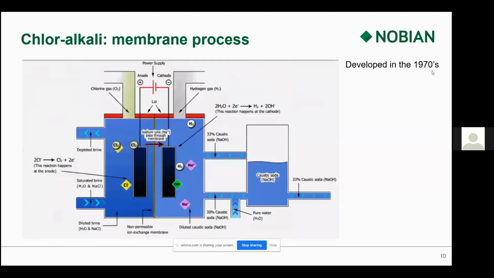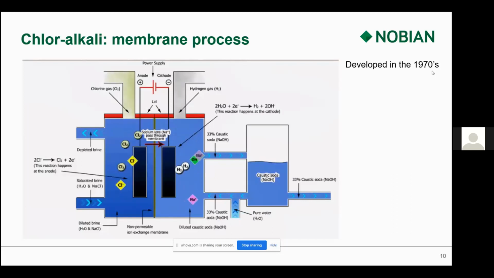Now, however, present day, another process is leading, the membrane process. And here you see a schematic of this membrane process. And it's a typical, I would say, flow cell type of electrolyzer.